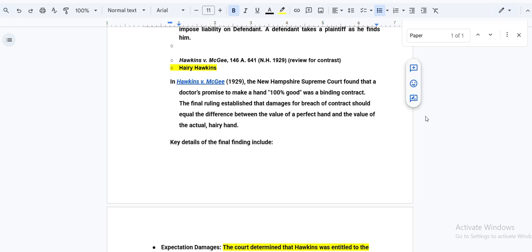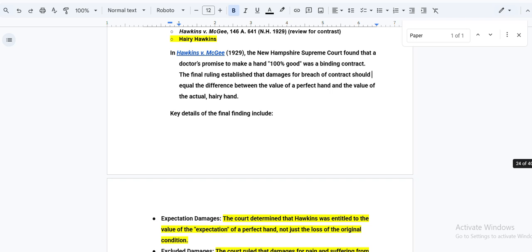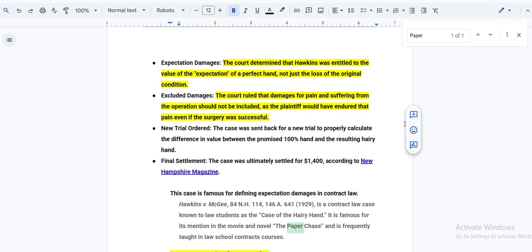So the final ruling established that damages for breach of contract should equal the difference between the value of a perfect hand and the value of an actual hairy hand. So that's what's important about this: it established breach of contract damages. The court determined that Hawkins was entitled to the value of the expectation of a perfect hand, not just the loss of the original condition.